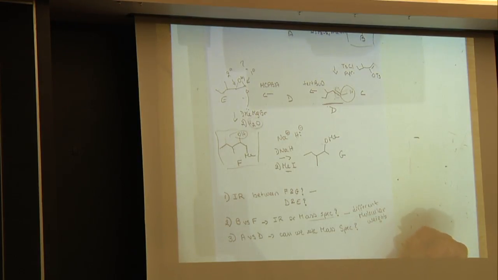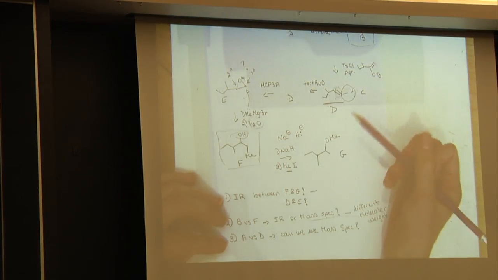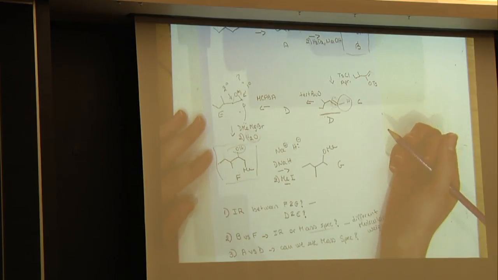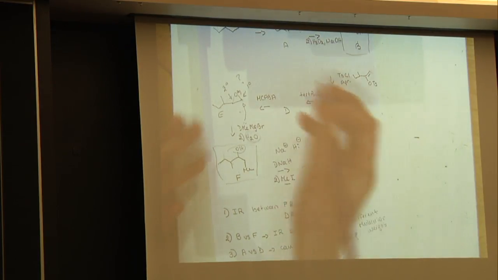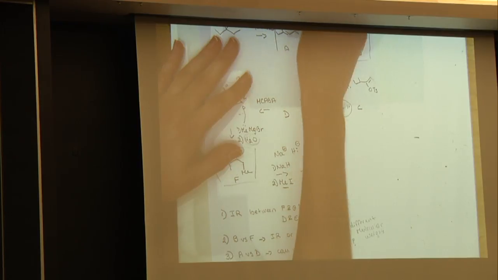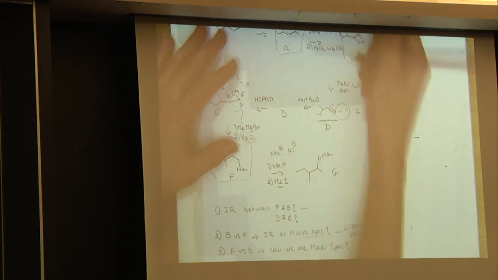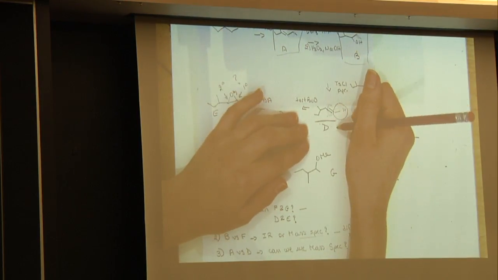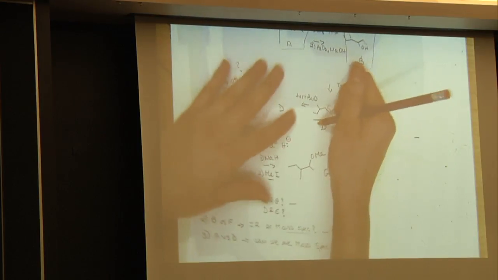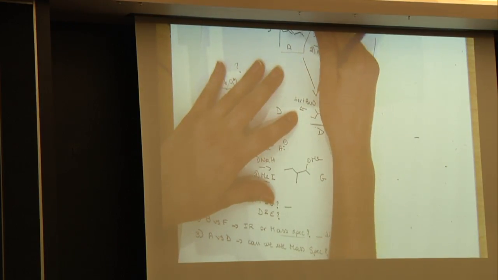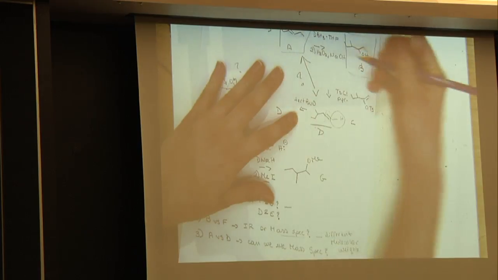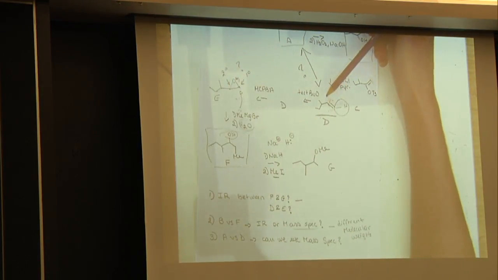Now, A versus D. Could we use mass spec? Let's see. So this is A here, and D is here. So what's the difference between A and D, guys? Yeah, the double bond.